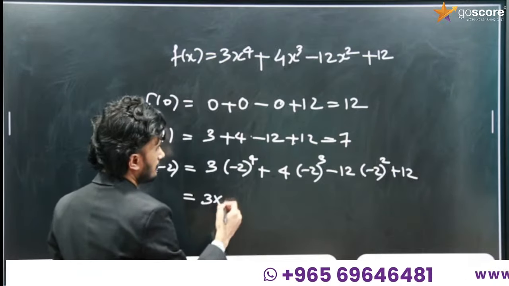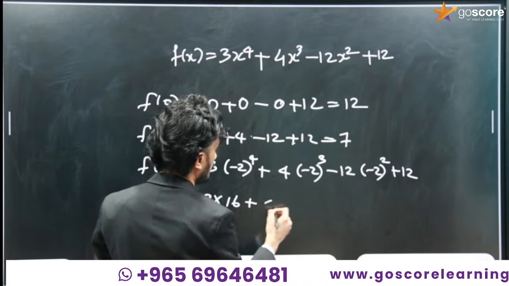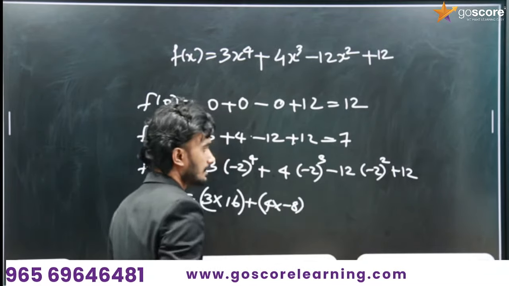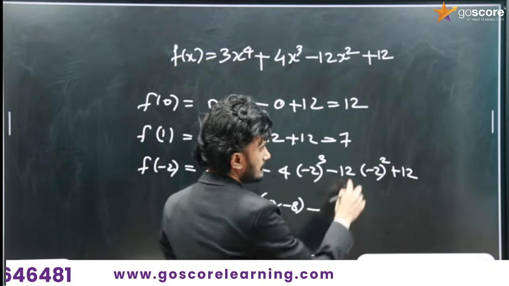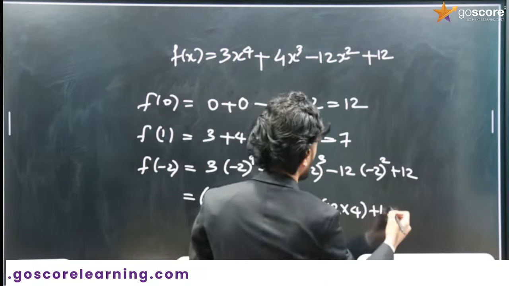So 3 into (minus 2) raised to 4, it is 16, plus 4 into minus 8, minus 12 into 4, plus 12.